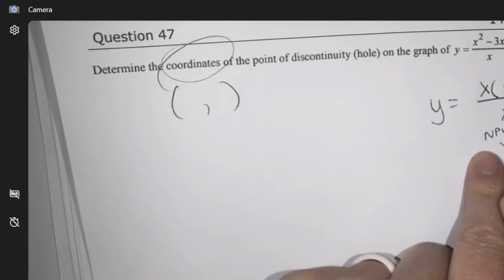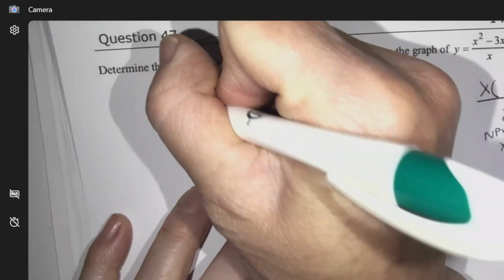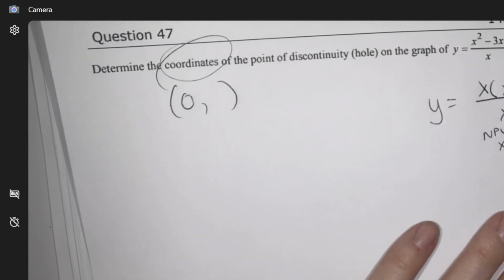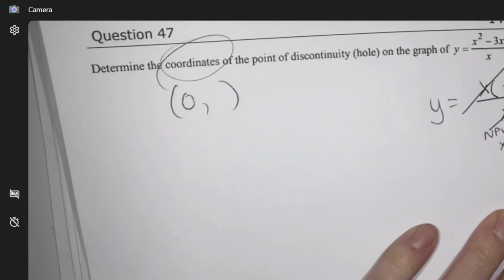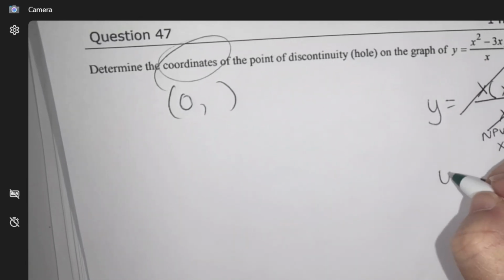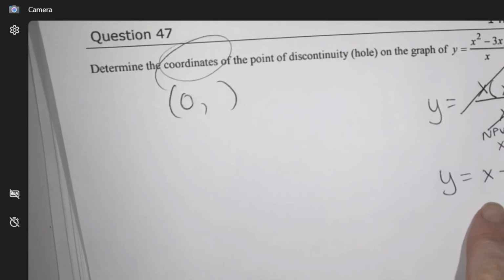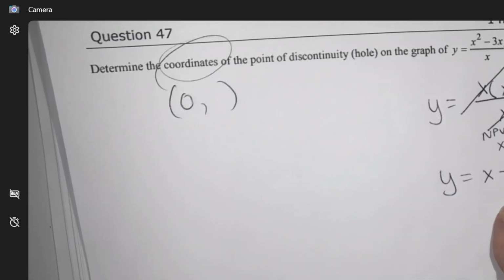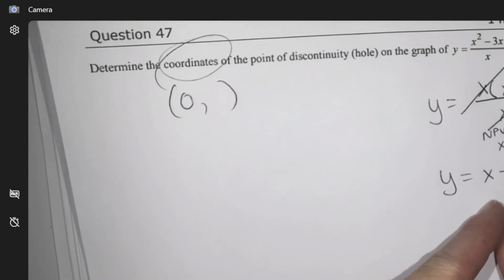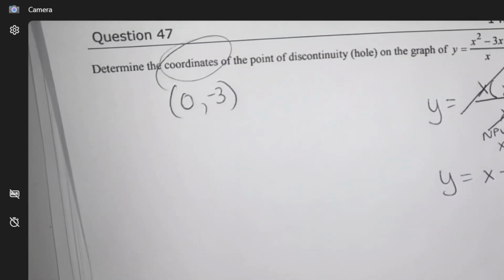I can't be 0, right? So my hole is going to be 0, comma. And now I am going to do that cancel. So after I cancel, this is what I get. And if x was 0, this would be -3.